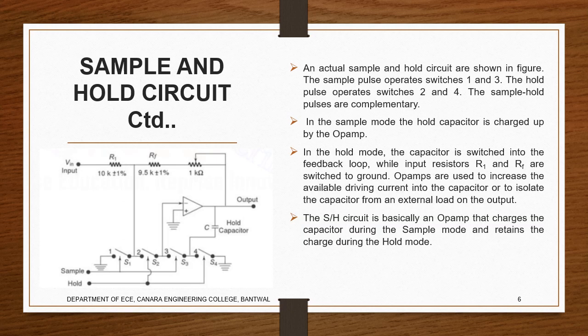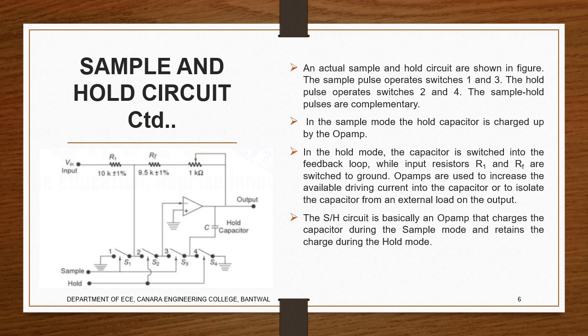So what we saw is the theoretical switch. Now we'll look at a practical switch and how it actually works. You can see here the VIN with the resistances R1 and RF. R1 is the input resistor and RF is the feedback resistor. The sample pulse usually operates switches 1 and 2. What is the sample mode? Making the capacitor charge.